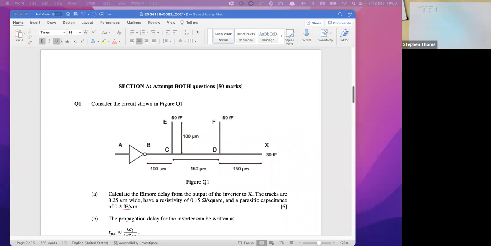And we've got R1, C1, R2, C2, R3, C3, for instance.